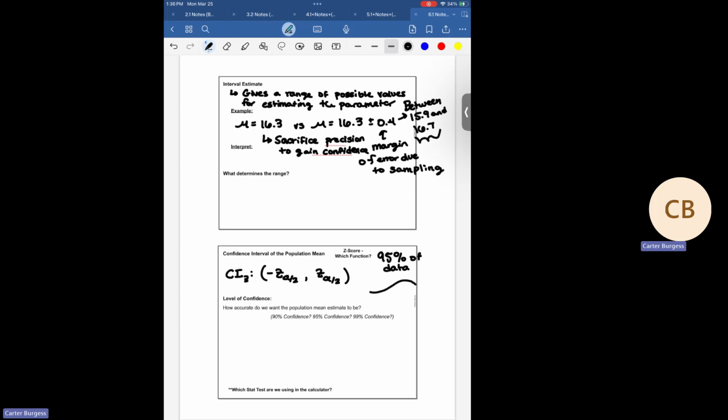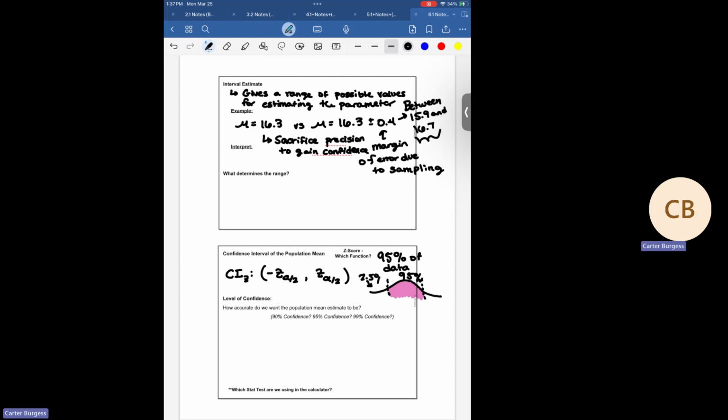We're looking at our normal distribution here. We have our z values. We're saying that this stretch here accounts for 95% of the data. Then how much data do I have in this region? 2.5%.